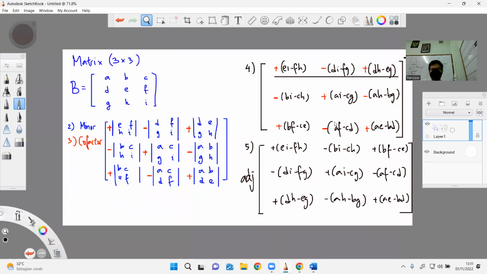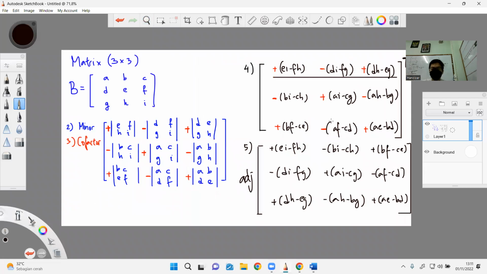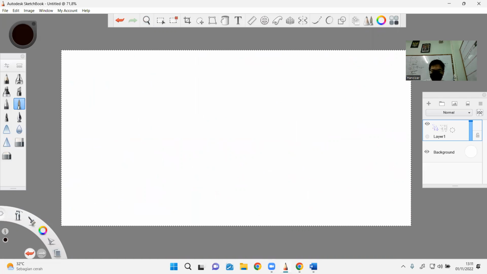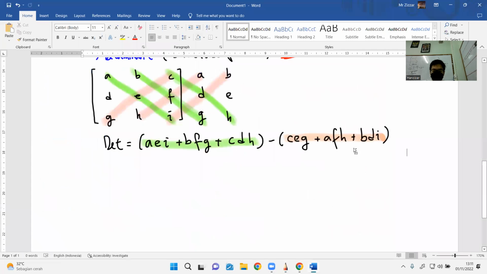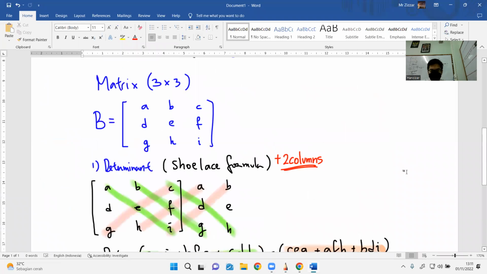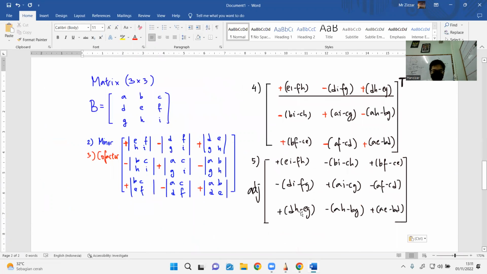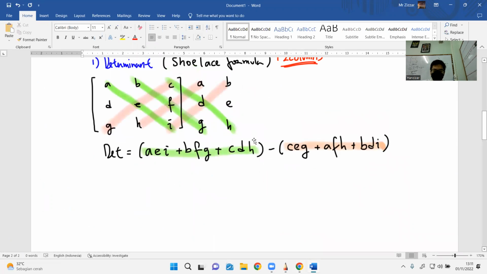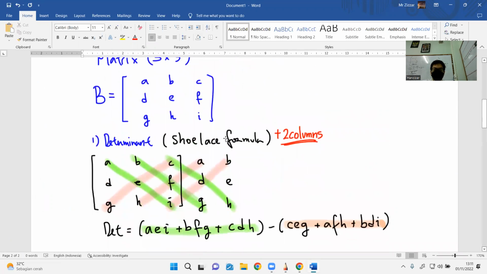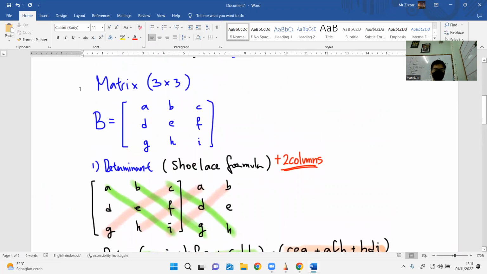Then what else? Okay, we already got the determinant, we already got the adjoint. So we are doing the inverse. We know that the formula of the inverse is 1 over determinant times the adjoint. Wait guys, I need to copy paste one more time.